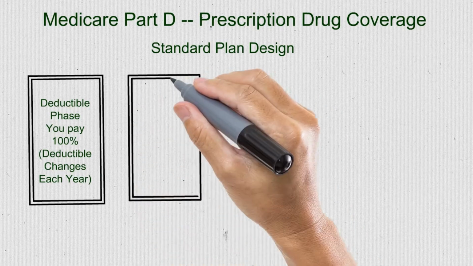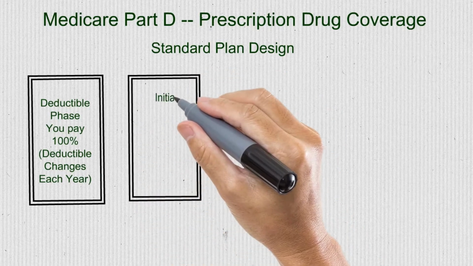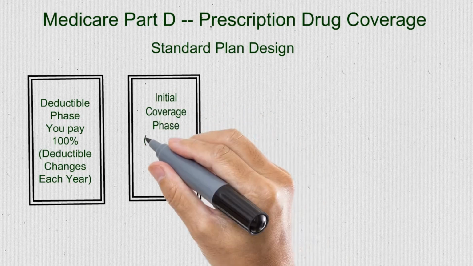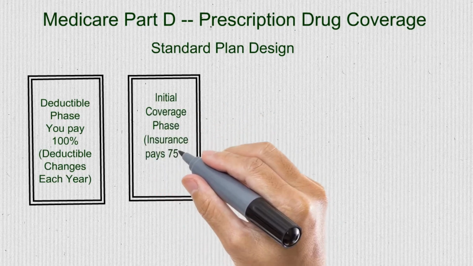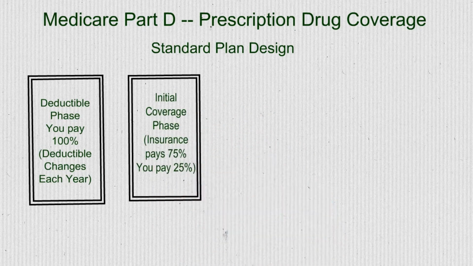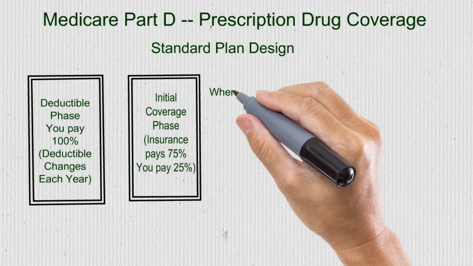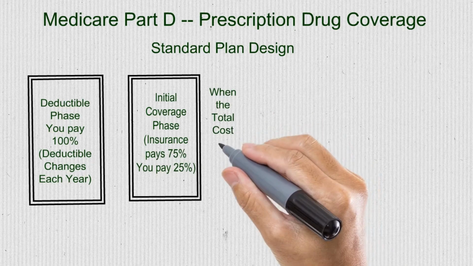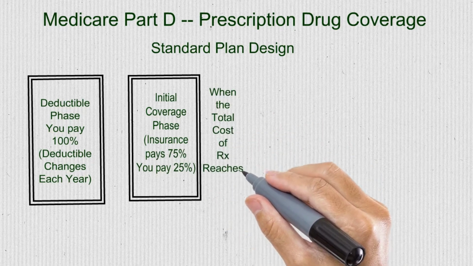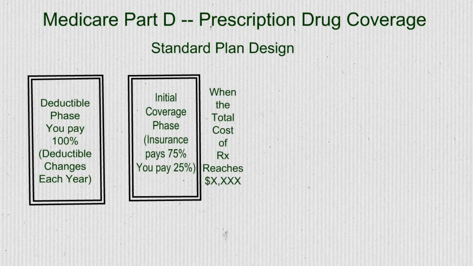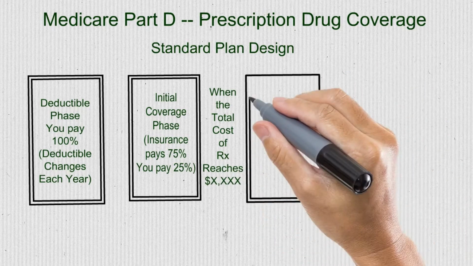Once you've satisfied that deductible, you reach the initial coverage phase, which was designed for insurance to pay 75%, you pay 25%. And when the total cost of your medications, the deductible, the 75%, the 25%, reaches a certain dollar amount, then you enter the third phase, which is the coverage gap.